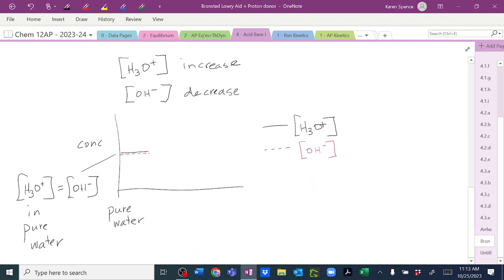All right, now we add some acid. What happens? Hydronium goes up. What happens to hydroxide in that instant? Nothing. And then what happens as time goes on?